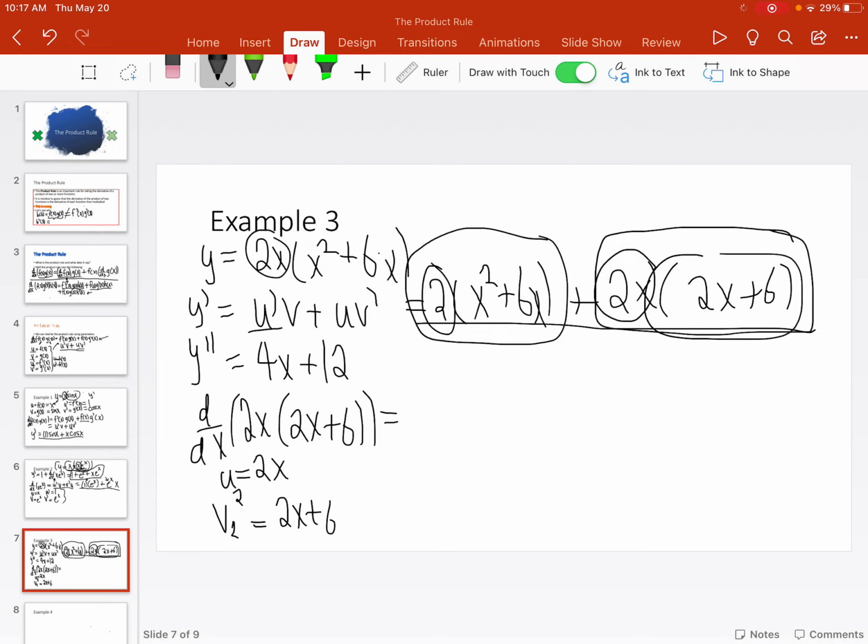Let's take the derivative. What's u prime? Well, u prime is just 2. What's v prime? Well, v prime is 2 as well, right? So putting it all together, I'm going to put that little subscript there. Make sure you put those 2's there.